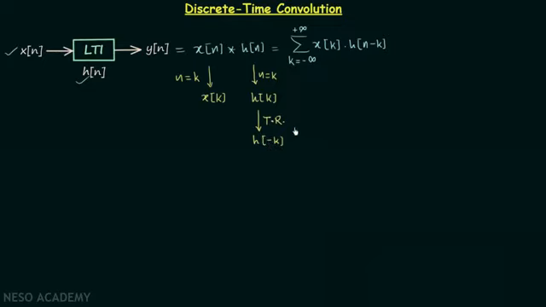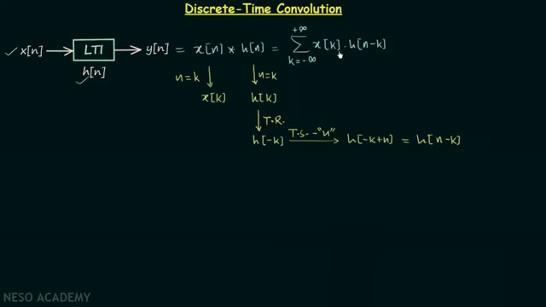Once we have this signal, we will perform another operation, which is the time shifting operation, by n. This will give us a new signal h[minus k plus n]. We can write h[minus k plus n] equal to h[n minus k]. Now look at this result.